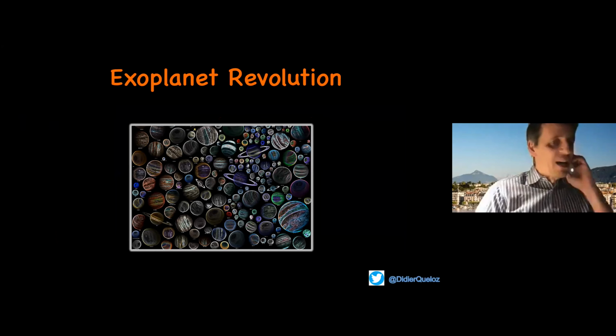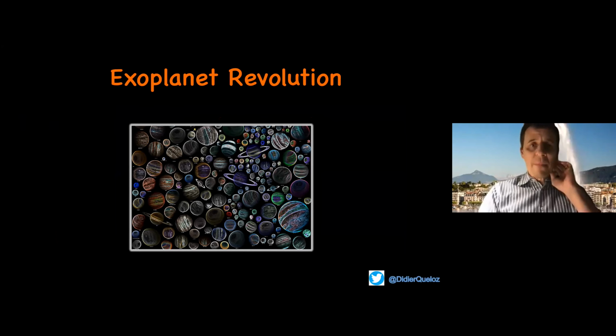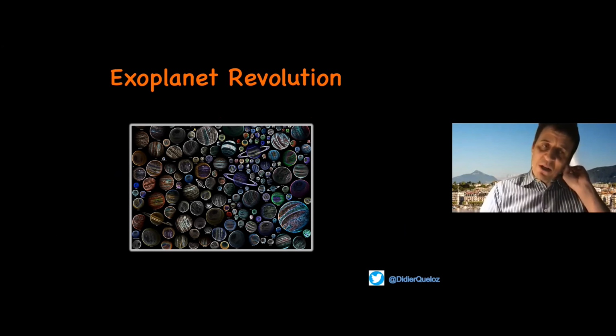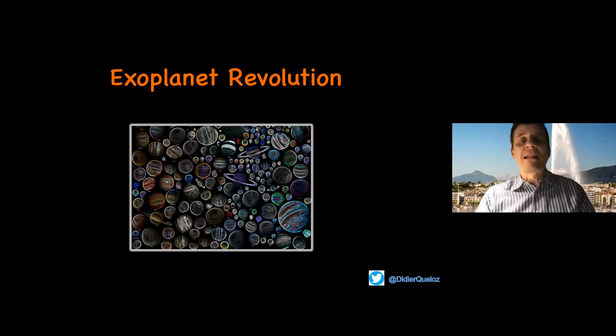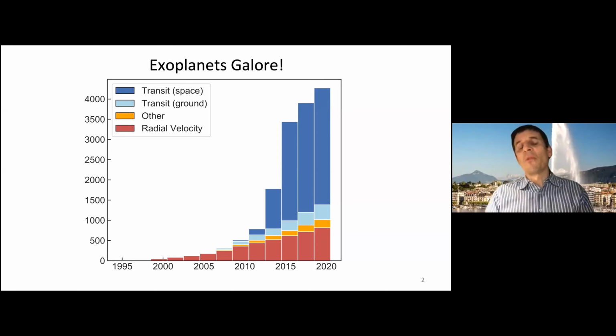Okay, so I will be talking about what we call the Exoplanet Revolution, and there is pretty good reason why we call that revolution. So first, it is clearly this amazing explosion of discoveries that we have experienced in the last 25 years.